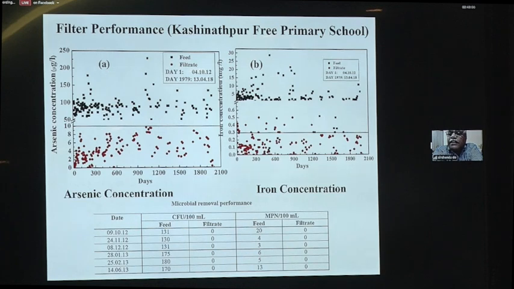There are lots of filters in the market which claim 90% removal of bacteria, 99% removal of bacteria, but the actual WHO limit of bacteria in drinkable water should be 0. If you look at the performance of our filter, although in the feed there are lots of bacterial counts, in the filtrate there is none.